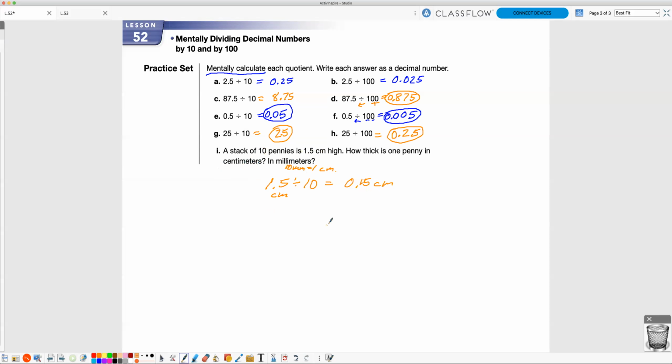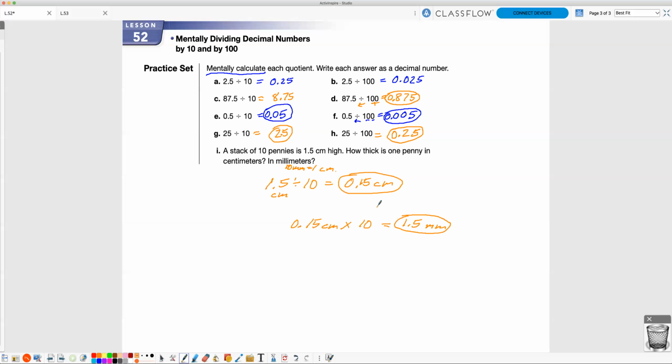So that means that 15 hundredths for centimeters, and if I'm multiplying by 10 to get the millimeters, I'm actually going to move the other direction. This will be 1 and 5/10 millimeters is how thick 10 pennies are. So that's a distance, a measurement. This was the first part answer. This is the second part answer.